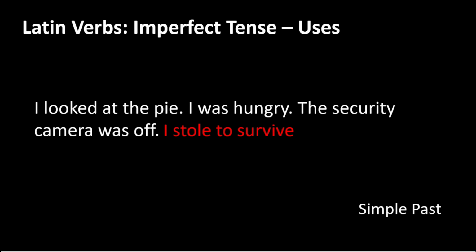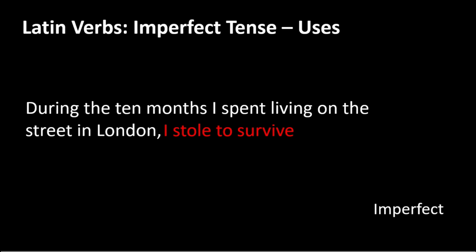Look, however, at this sentence. During the ten months I spent living on the street in London, I stole to survive. And this, if you look at the overall context of the sentence, is an imperfect tense. I stole to survive. I was living in the street. I was a street beggar, a street person.